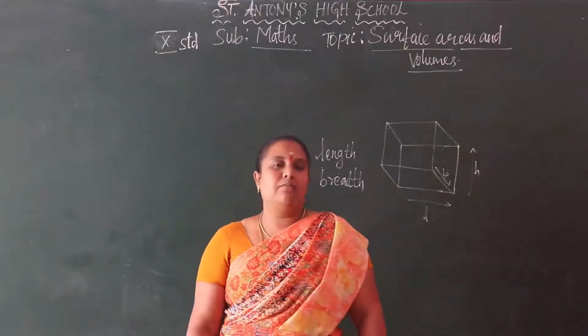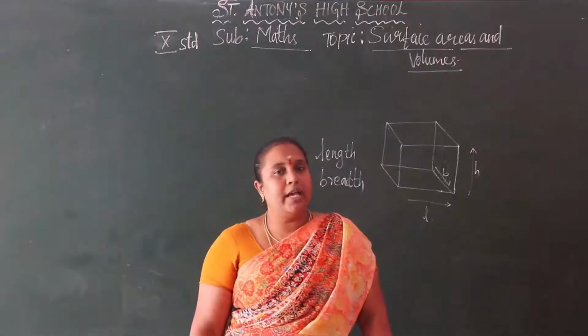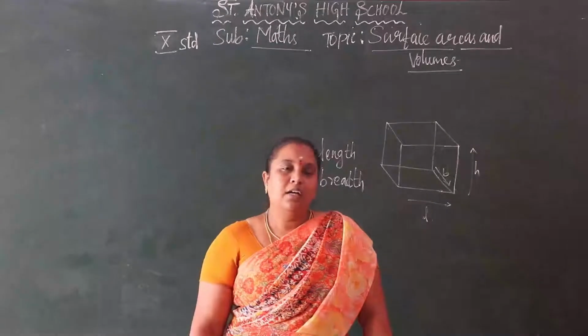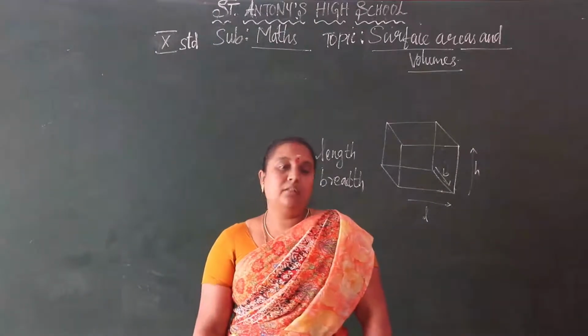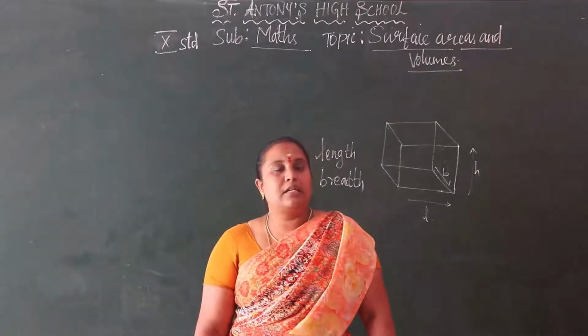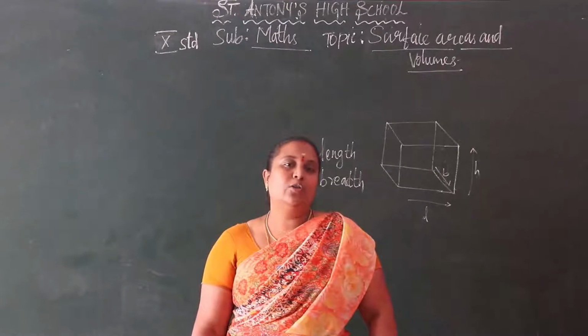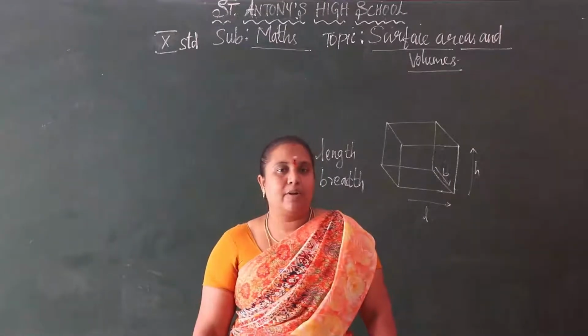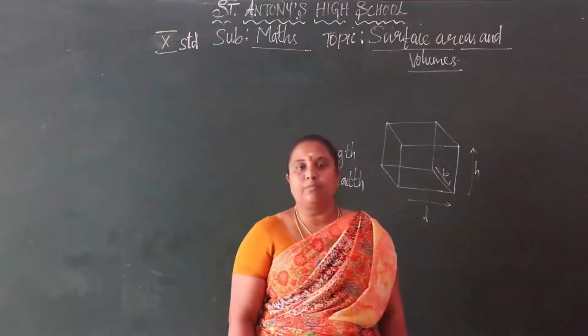The thickness we have to find out to find the areas and volume of the figures. A three-dimensional figure is said to be a solid figure, and it occupies space also, that is volume.